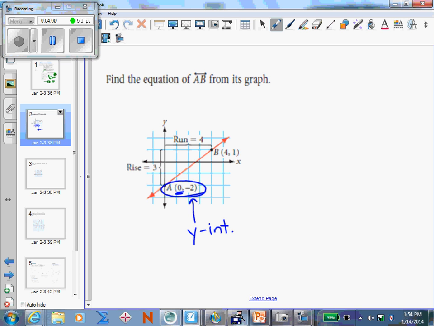So we need to calculate the slope. I am going to use point B as my x1, y1 coordinate point, and I will use point A as my x2, y2 coordinate point. So the slope will be 1 minus a negative 2 over 4 minus 0. So my slope is 3/4.